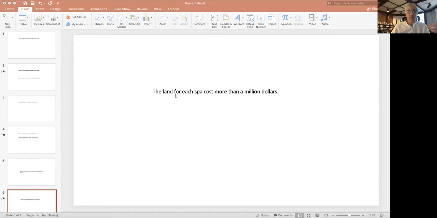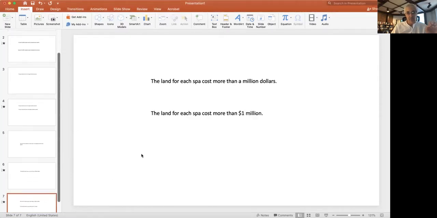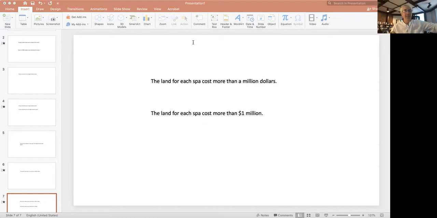Now, if you look up monetary units, you'll see that $1 million needs to actually look like this: the land for each spa cost more than $1 million, with a dollar sign in front of it. And we don't even spell out the word dollars. Okay, that is the style for AP. So I plan to use this book a lot, okay?